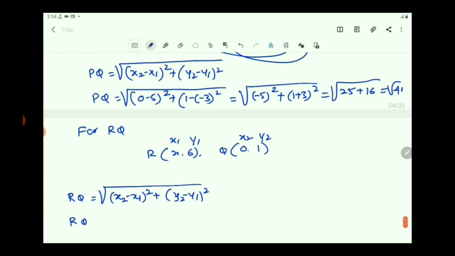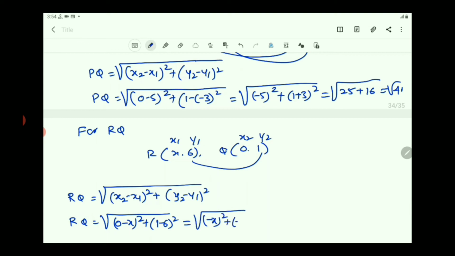That is RQ equals square root of (0 minus x) whole square plus (1 minus 6) whole square. That equals (minus x) whole square plus (1 minus 6 is minus 5) whole square, that equals x square plus 25.